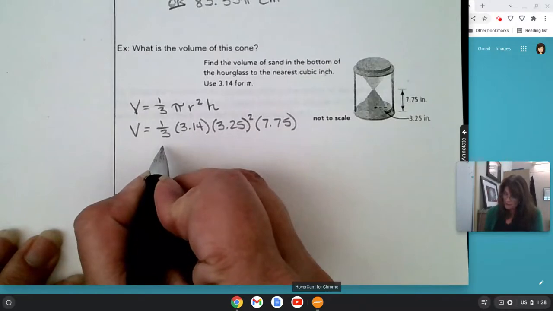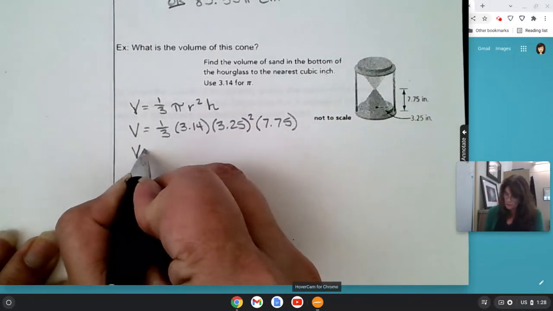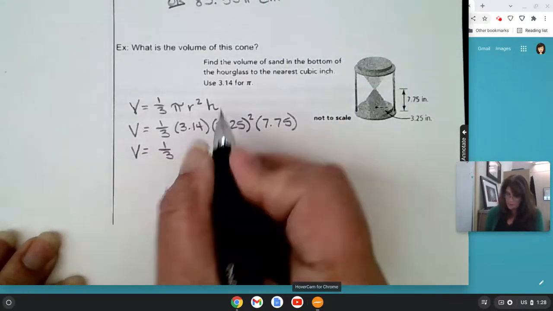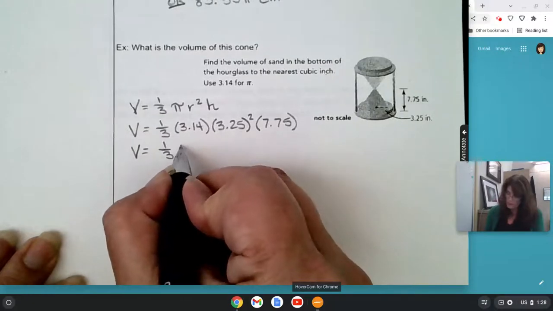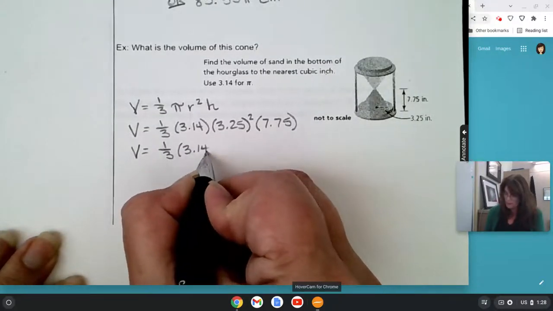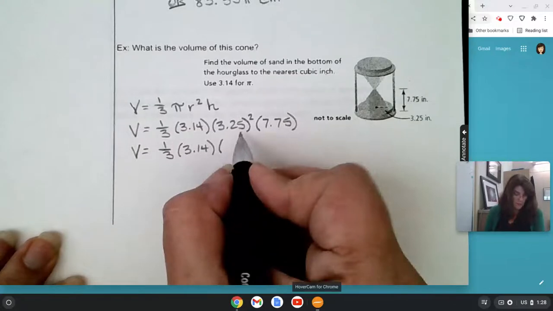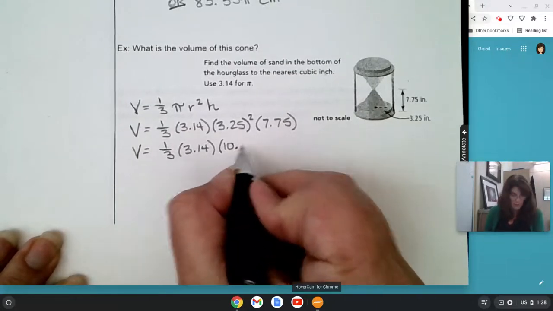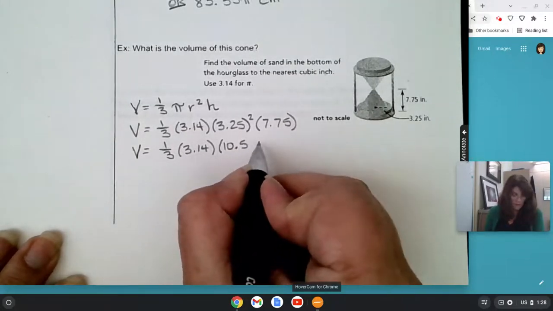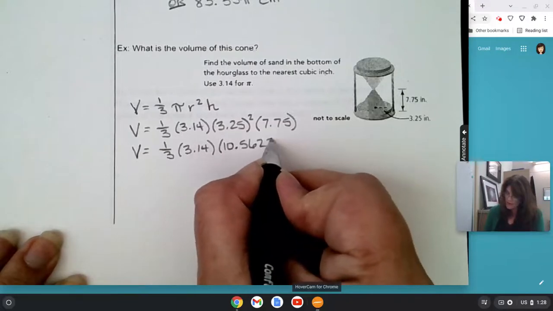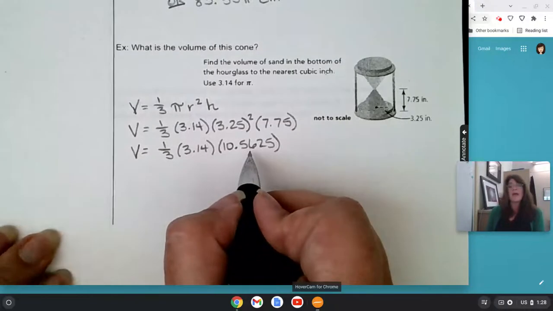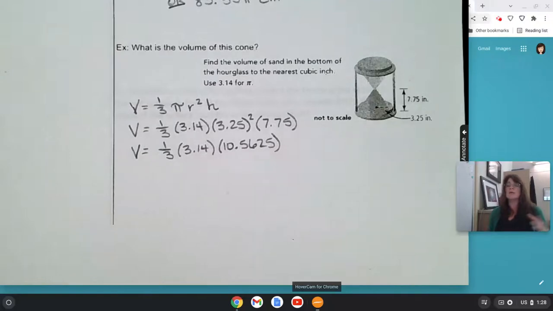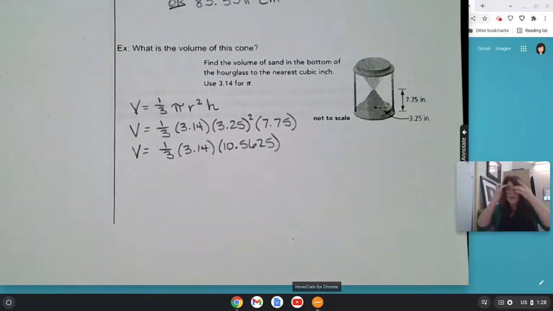So now I have 1/3 times 3.14 times 10.5625. If we get out past like 4 digits, keep it around 4 so that you're rounding at the very end.